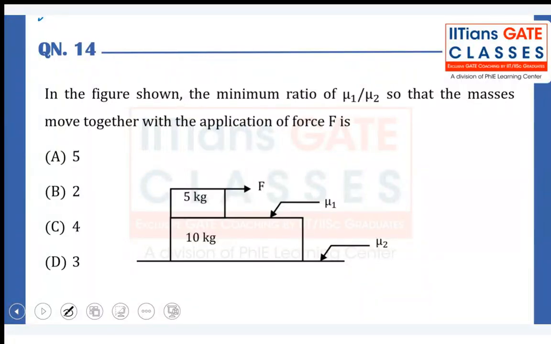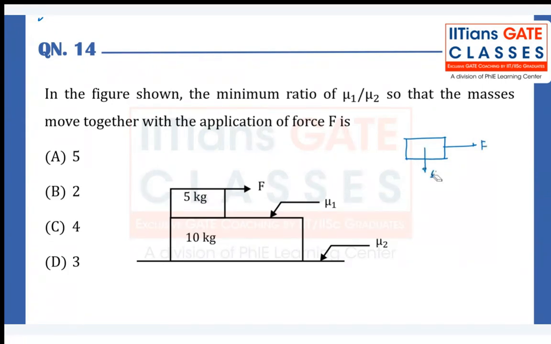We have one mass of 5 kg, which is kept on another mass of 10 kg. Starting with the free body diagram of 5 kg mass, it is pulled with some force F in the rightward direction.